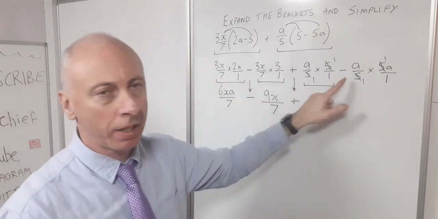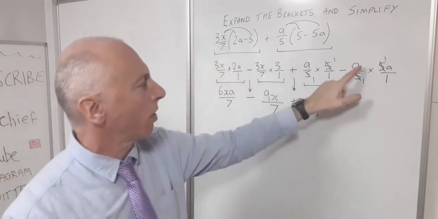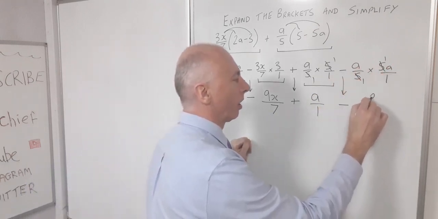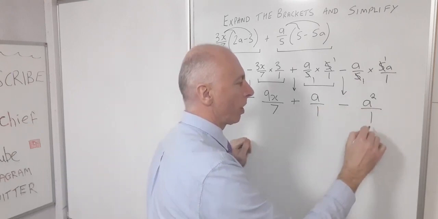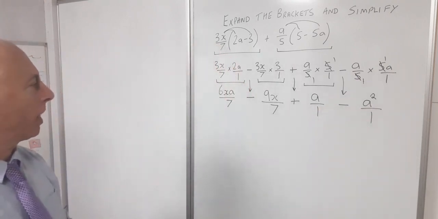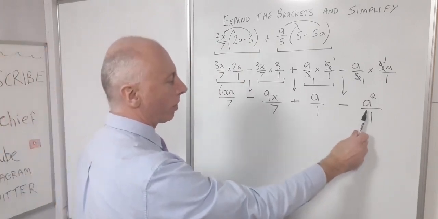And now I've got another minus sign, so that will come down and put minus. And now I've got a times a, which is a squared. But 1 times 1 is 1, so a squared over 1. Okay, now if there's any simplification here I could do, well, a squared is one term.